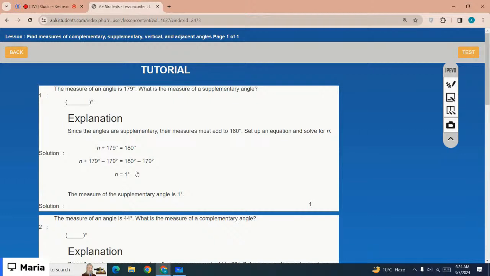The measure of an angle is 179 degrees. What is the measure of supplementary? So supplementary angle is the angle that measures 180 degrees, right?